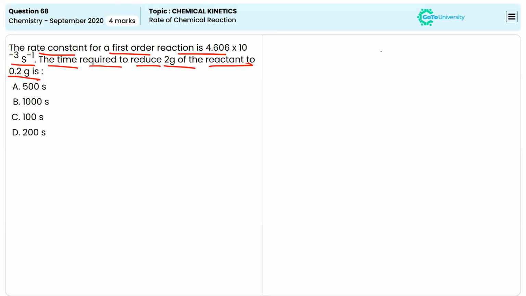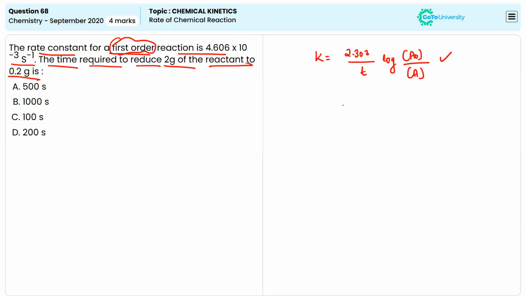This is a first order reaction, so for a first order reaction we have the equation K is equal to 2.303 by t logarithm of initial concentration divided by final concentration. It is given that the reaction is first order, so no need to be confused.